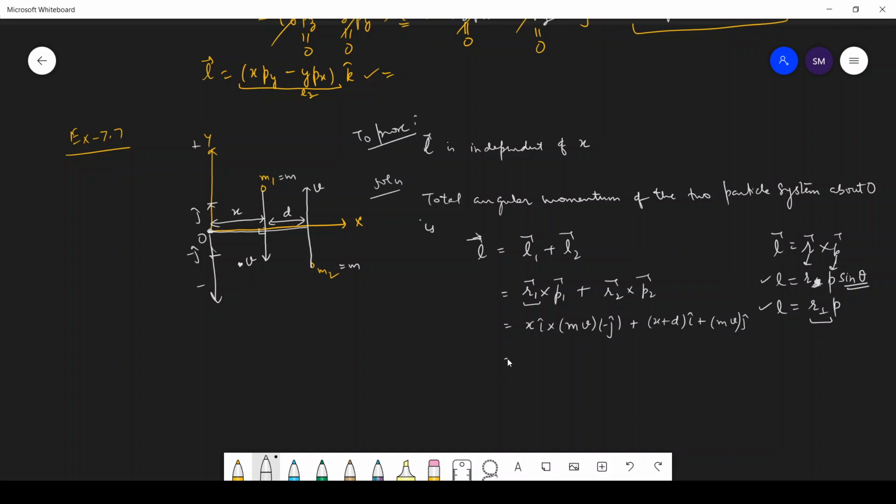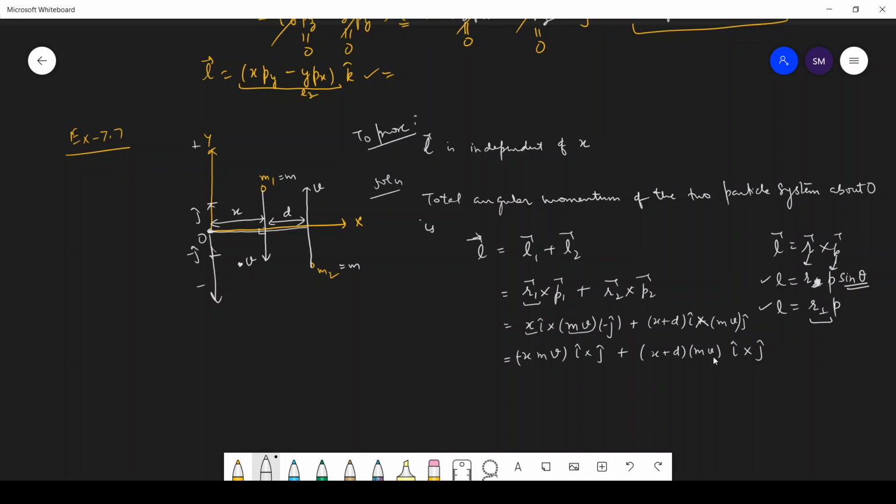So just putting the values, that equals the magnitudes, which are constants, and they will come outside. So x into m into v, and the minus sign is over there. So minus x m v into i cross j cap plus, similarly here, x plus d into m v, and i, this is cross, students, this is cross, so cross j cap.